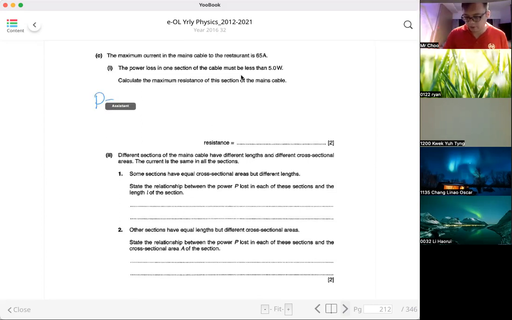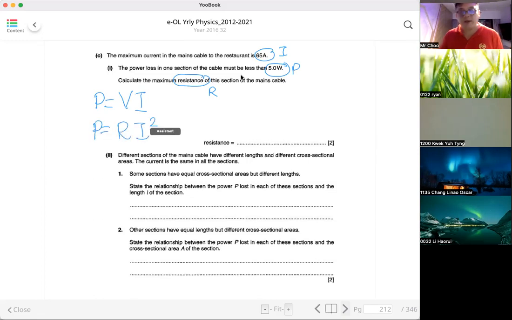You all know that power is VI, but you're given only the I and the power. You want to find the resistance, so you don't have the V. You know that V is equal to RI, right? So use the formula P equals I squared R in this question.